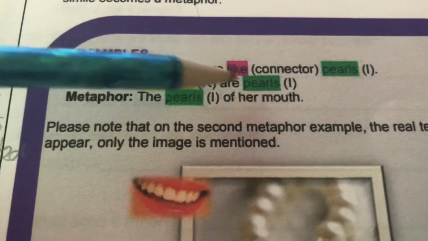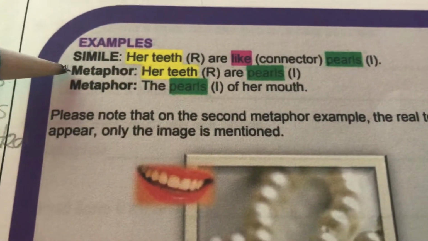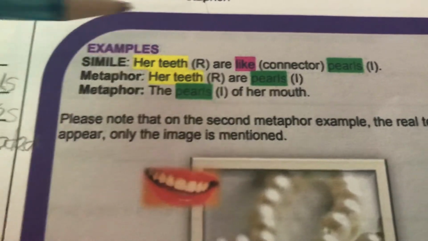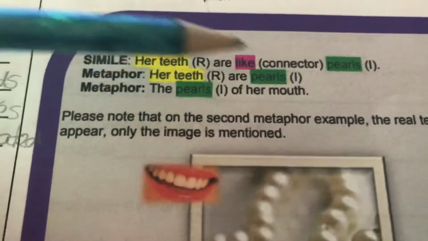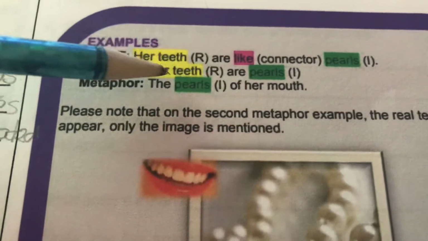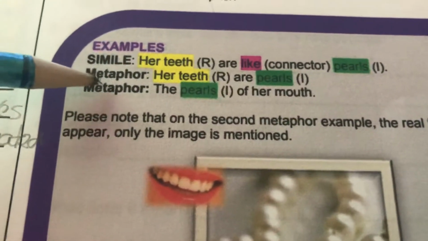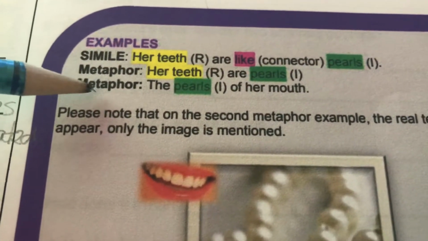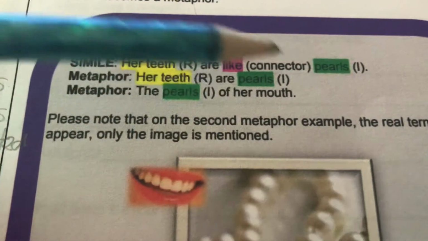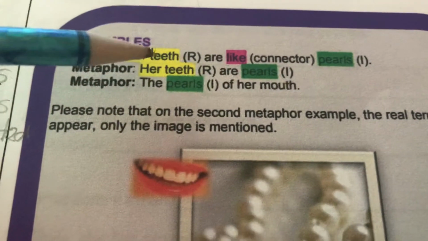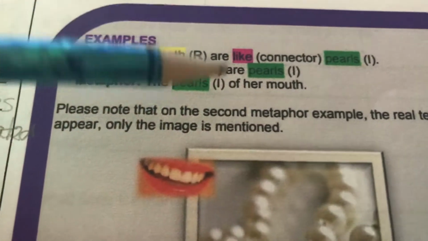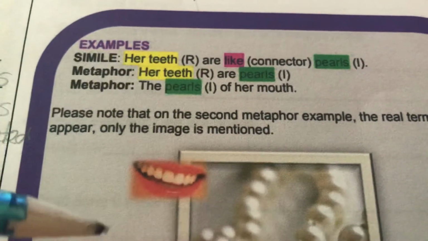Okay, so let's take the connector out now and read it as a metaphor. Her teeth are pearls. See, it's a direct connection, right? A direct comparison of teeth and pearls. Or you could say in this metaphor, the pearls of her mouth. Now, what they did is they took the real term out, teeth, and you only have this imaginary term.